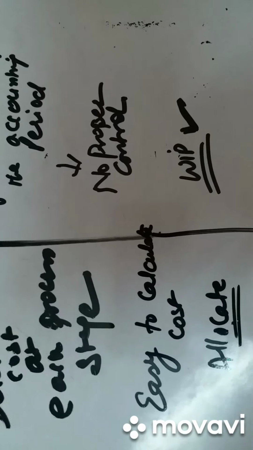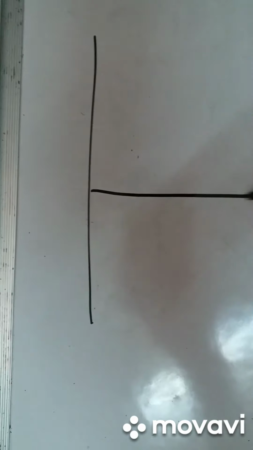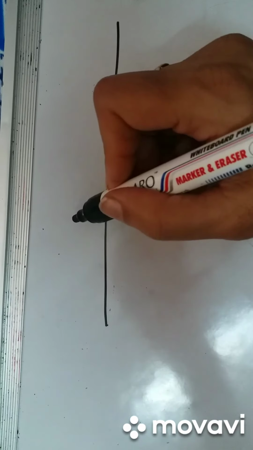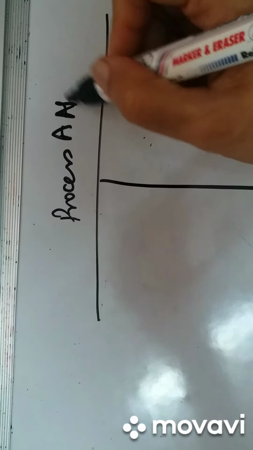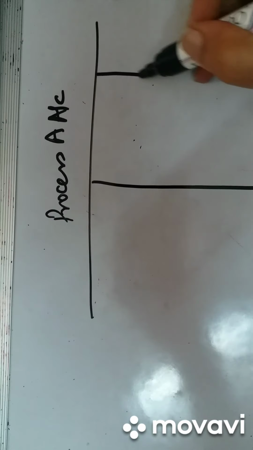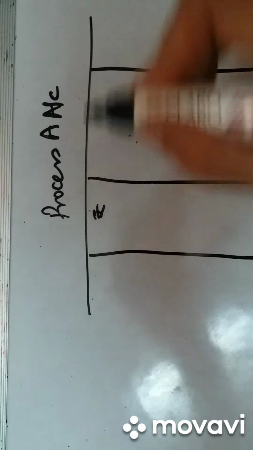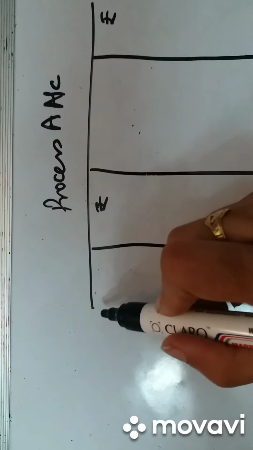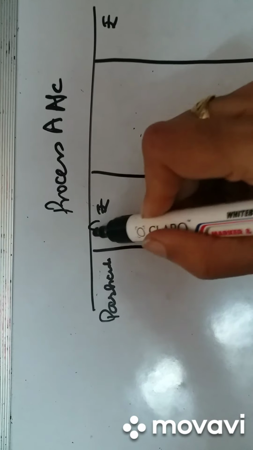So let us start with the aspect of what the process costing account will look like. It is very simple. Let's say whatever process account I am making, let's say it is a process A account or process 1 account. You are very familiar with this format now. So this is the particulars, here is the amount.